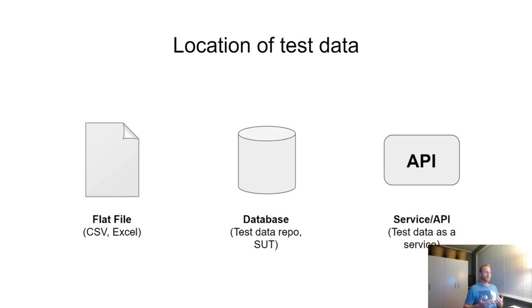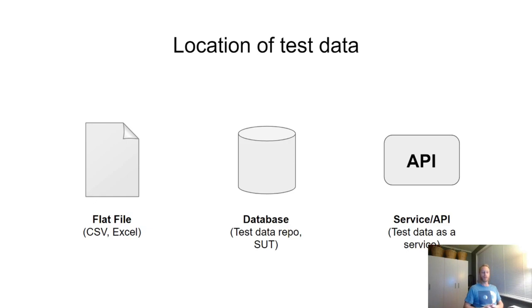So where is our test data? It depends on the load testing tool that we're using. In most cases, load testing tools store or retrieve test data either from a flat file, a text file, such as a CSV or a spreadsheet, or a database. Maybe it's a common database like MySQL or SQL Server. Maybe it's a bespoke database that comes with the load testing tool.